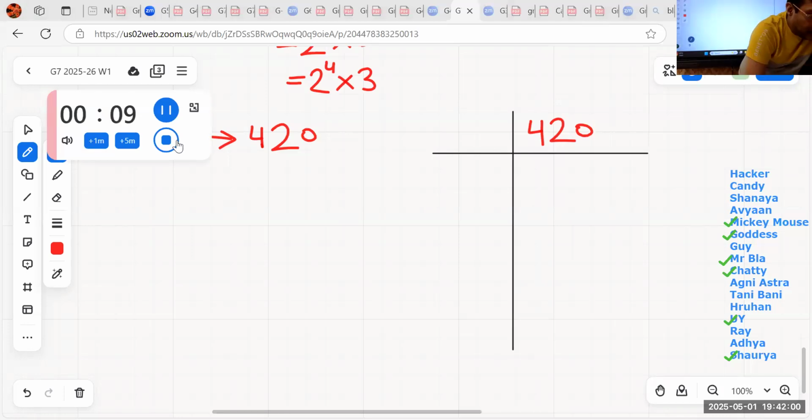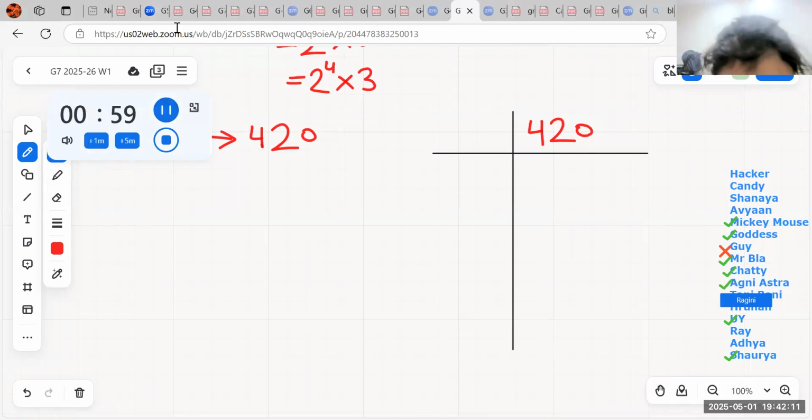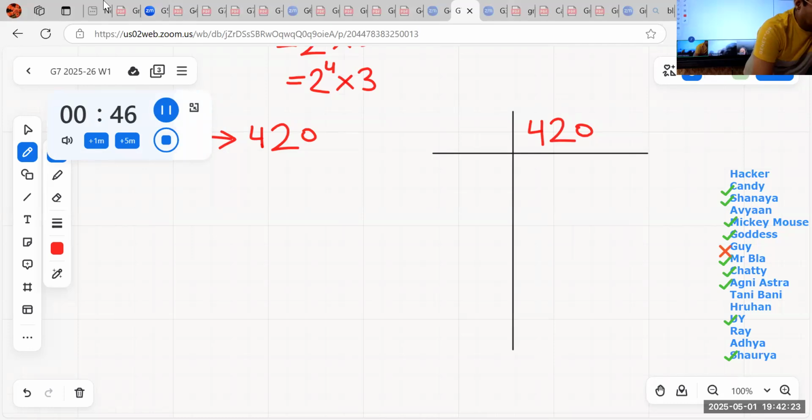Rohan, 15 is not a prime number. Guys, hurry up. Ma'am, can you check my answer? The order of the prime numbers doesn't make a difference. Okay, sir.